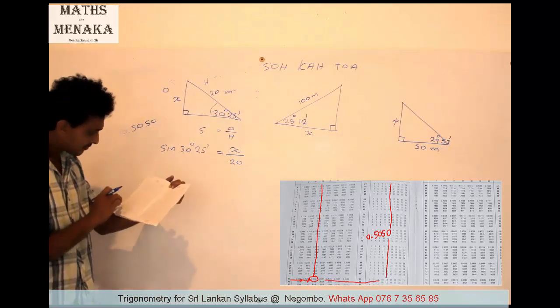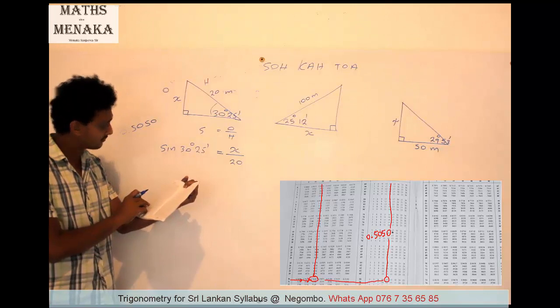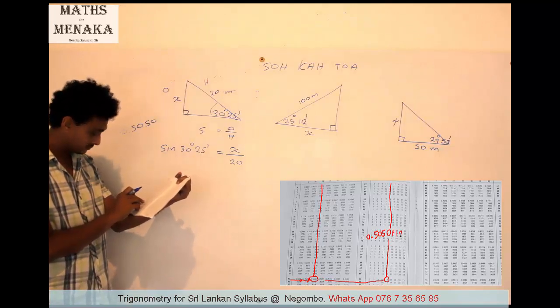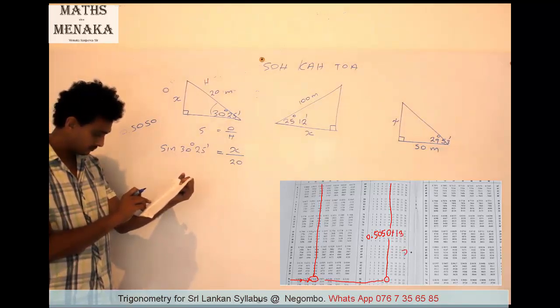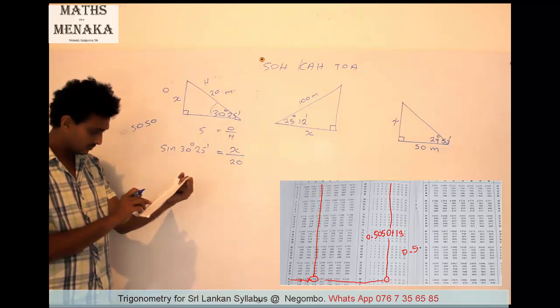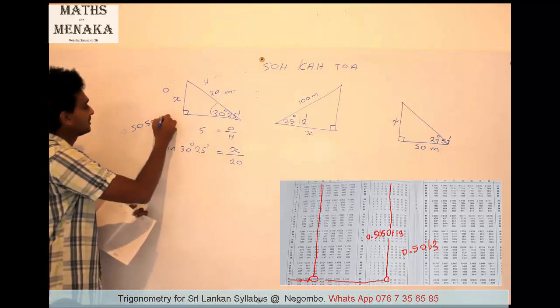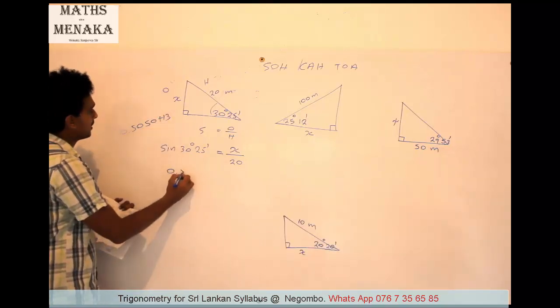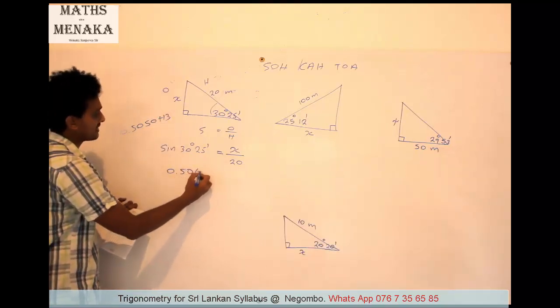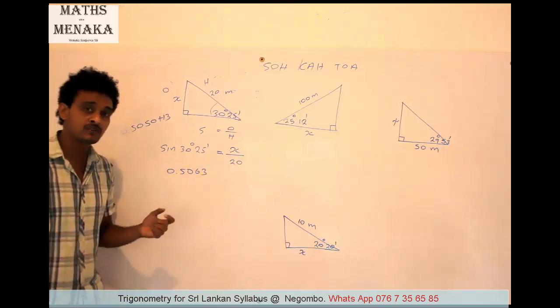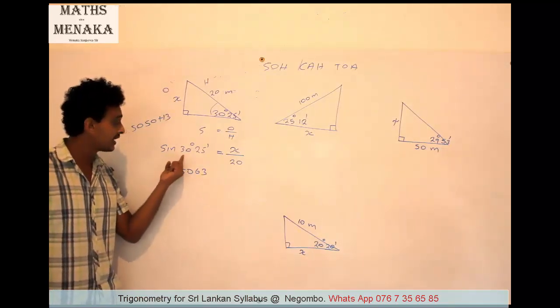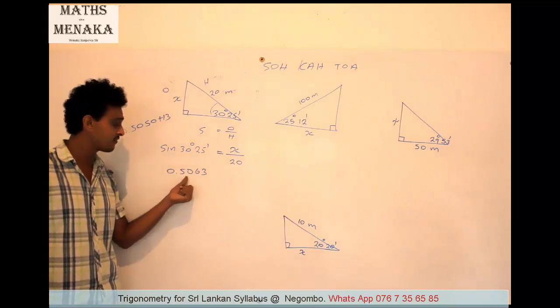Then in the same row, you have to get the mean difference related to the 5. It's 13. You add 13 to this one, then you will get 0.5063.